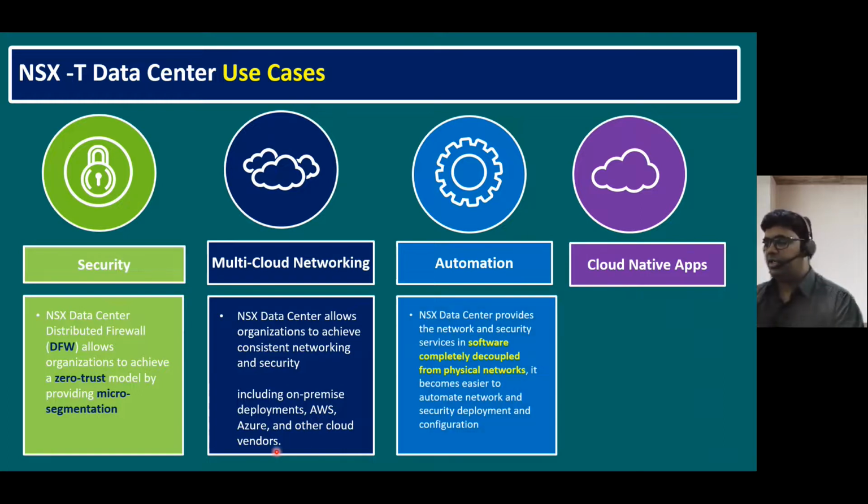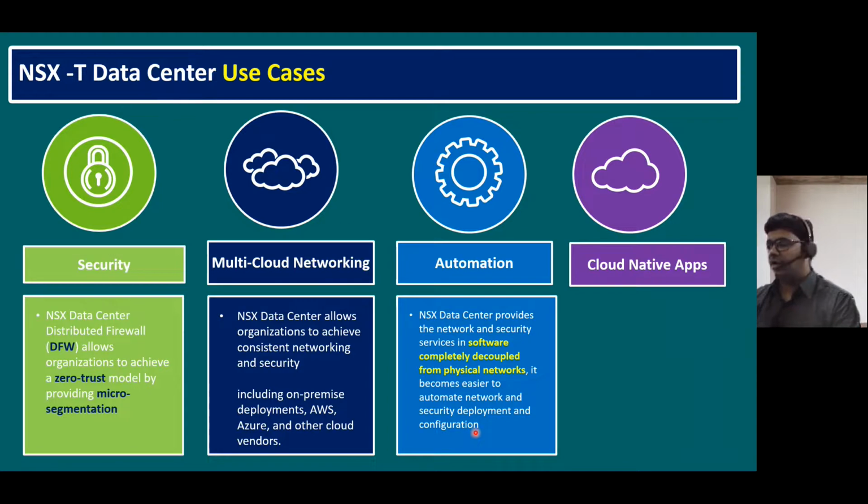When it comes to automation, NSX is a software component, so it's easy to automate. NSX-T provides network and security services in software, completely decoupled. Decoupled means disassociated from the physical network, so it becomes easier to automate network and security deployment and configuration.